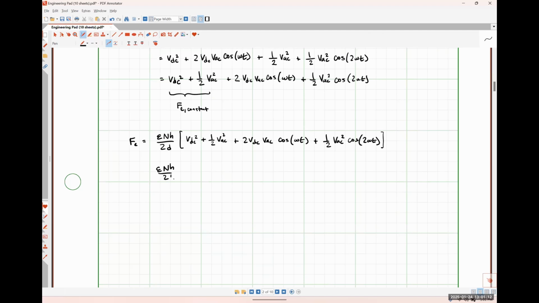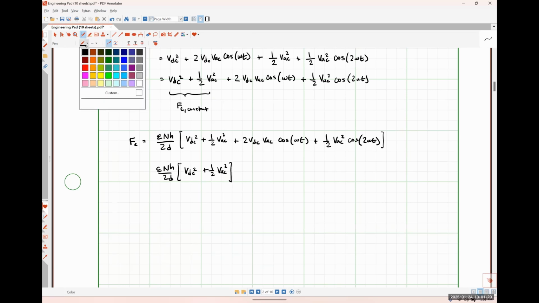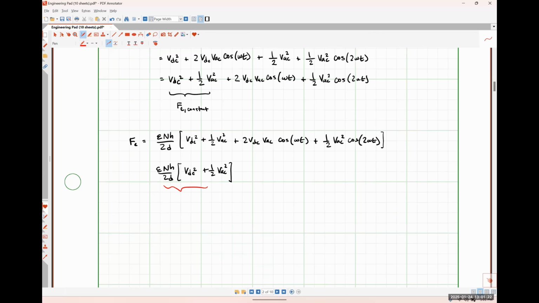where I'm just going to break this down a little bit. Epsilon NH over 2D times VDC squared plus 1/2 VAC squared. So this is a constant force. Then we'd have NH over D times VDC VAC cosine omega t, where this factor of 2 right here and that factor of 2 right there cancel each other out.